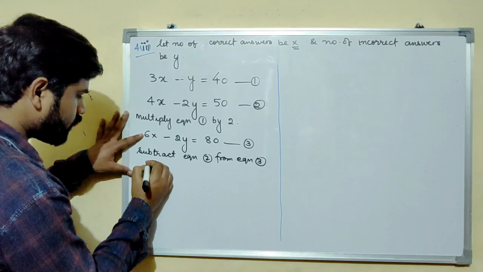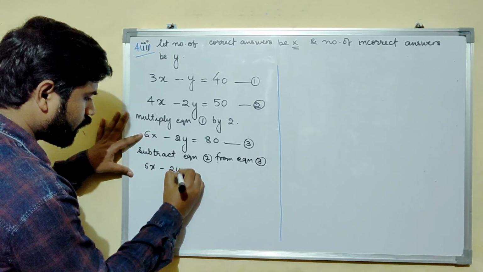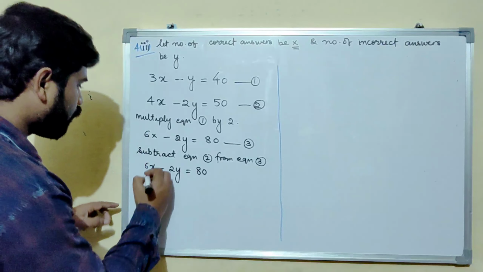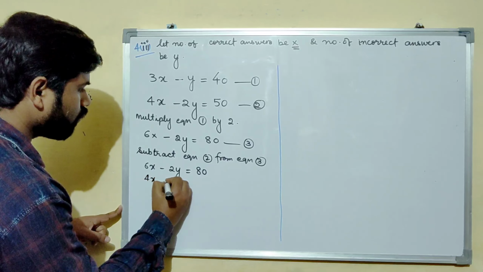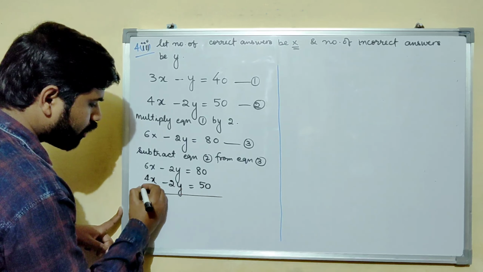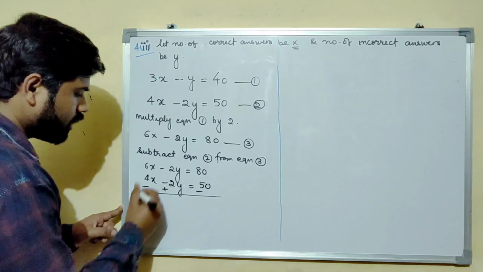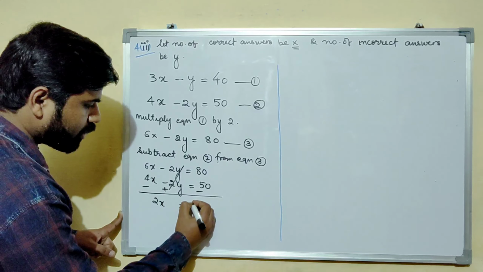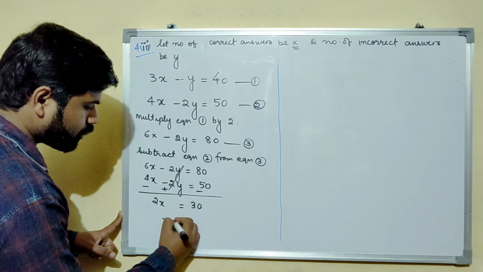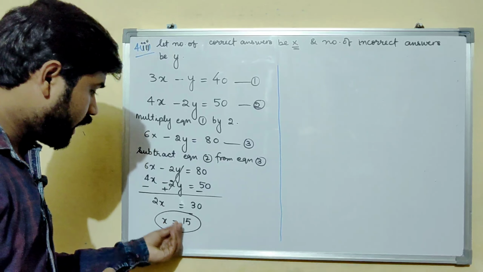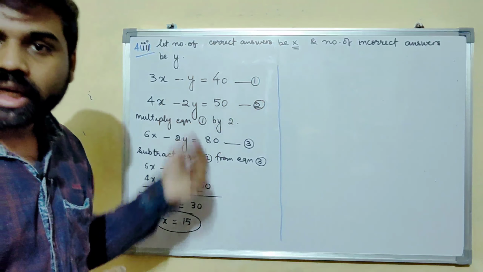The third equation is 6x minus 2y equals 80, and the second equation is 4x minus 2y equals 50. Since you are subtracting, you have to change the sign. 6x minus 4x is 2x. The y terms will be cancelled. 80 minus 50 is 30. So x equals 15. This means that he has given 15 correct answers.